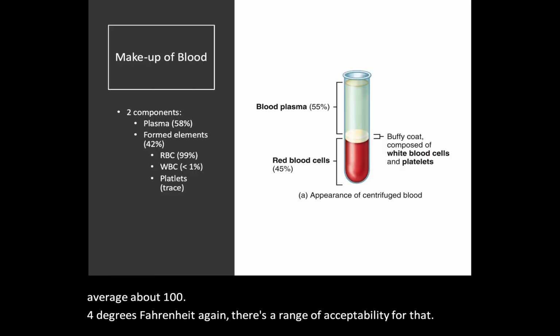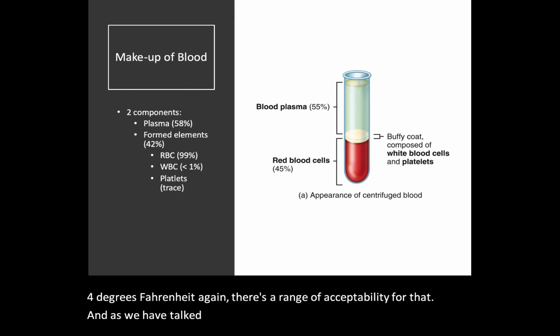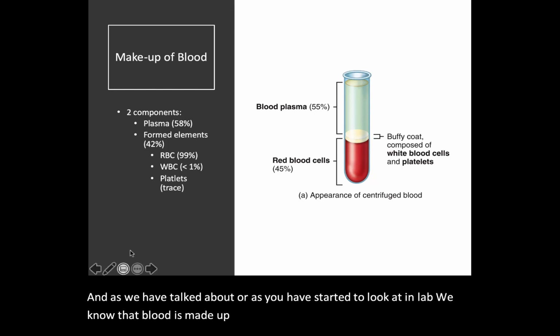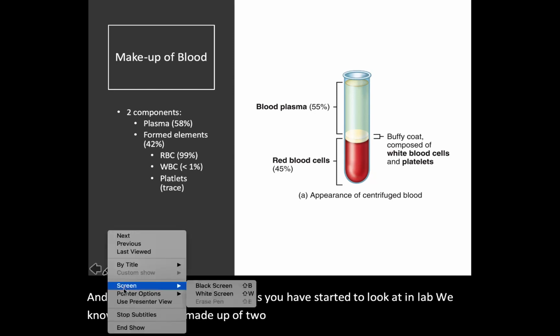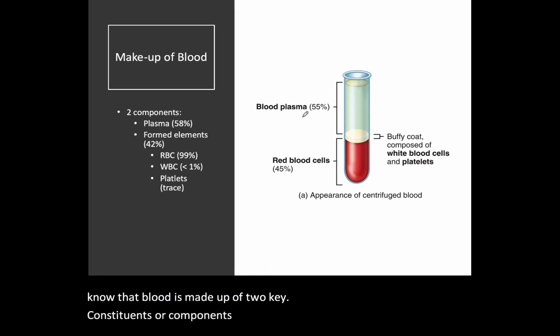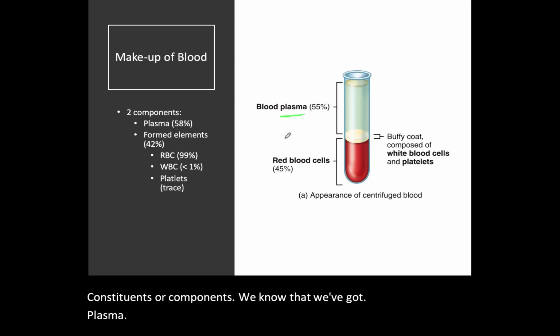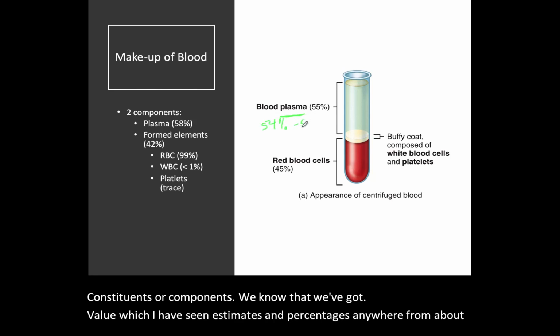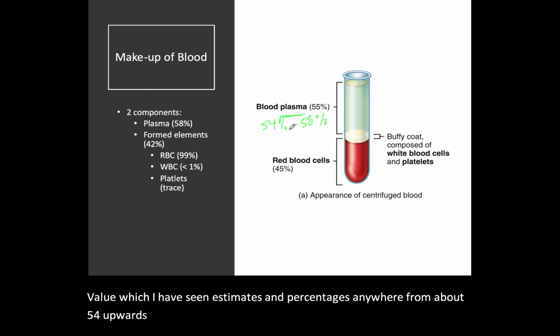And as we have talked about, or as you have started to look at in lab, we know that blood is made up of two key constituents or components. We know that we've got the plasma volume, all right, which I have seen estimates and percentages anywhere from about 54% upwards to 58%. This is why you're seeing slight differences in the percentage here compared to here.